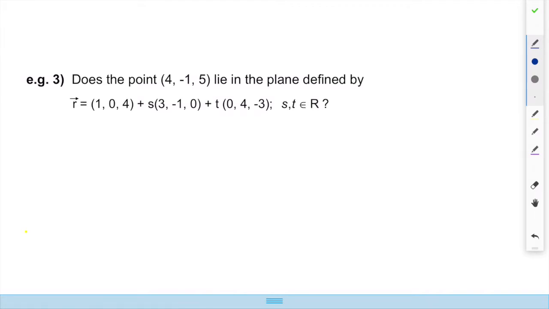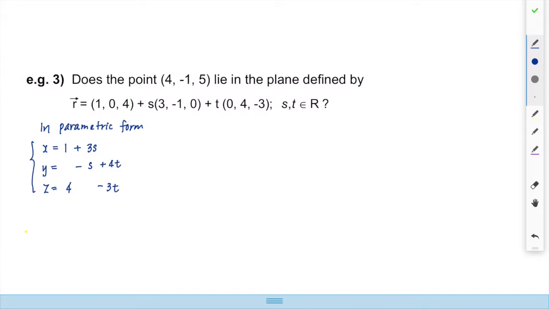It might be easier for us to first rewrite the vector equation into parametric form. So we have x equals 1 plus 3s, and then y equals 0 minus s plus 4t. And then z, we have 4 plus 0s minus 3t, like that.